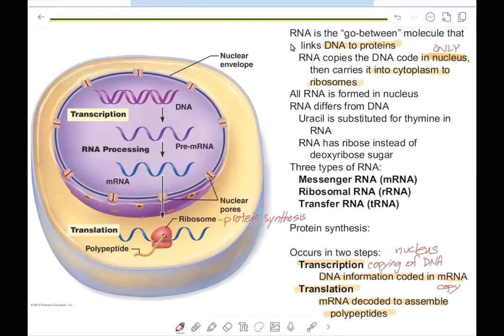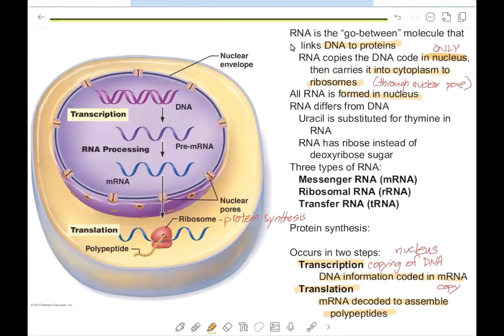It travels through the nuclear pore, made up of a protein that's embedded in the nuclear membrane, a double-layered membrane. All RNA is formed in the nucleus.